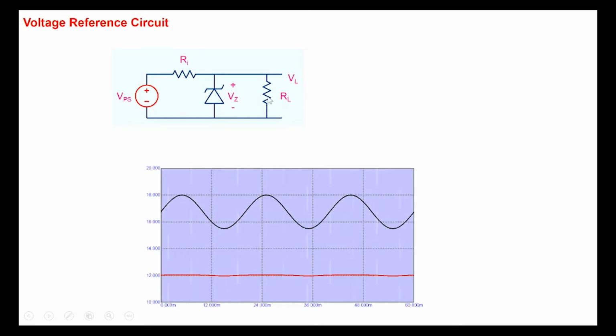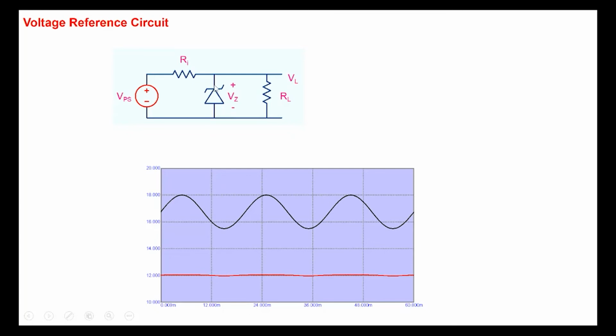Just for the sake of discussion, we have taken VPS, the supply voltage, and note that it is varying. You could think of it as a DC plus some kind of ripple.